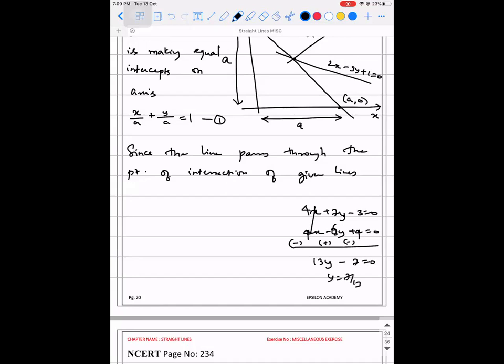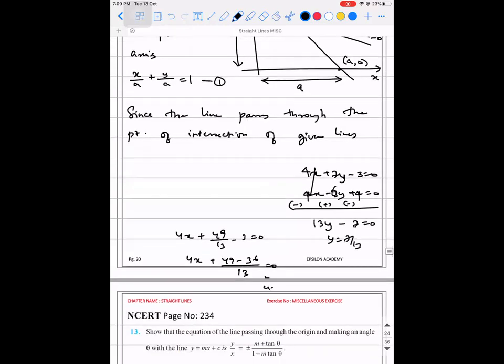X will be how much? 4x plus 49 by 13 minus 3 equal to 0. So 4x plus 49 minus 36 divided by 13 is 0. So how much is it? 4x plus 10 by 13 is equal to 0, which implies 4x is equal to minus 10 by 13. X will be minus 5 by 26.